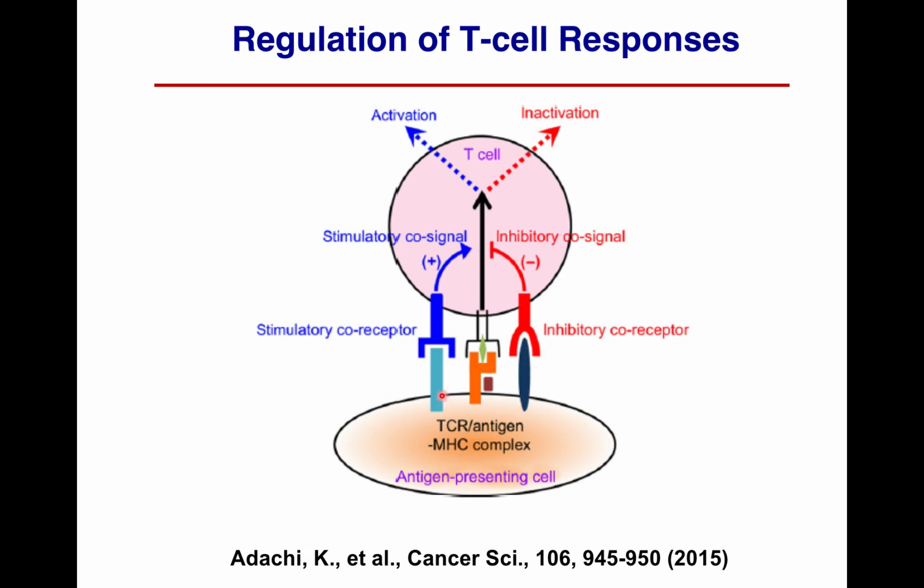And so over time, what happens is there are inhibitory receptor interactions that lead to tuning down or inactivation of T cells, so they stop proliferating, or they proliferate with a lot less efficiency. So it's always a balance between these, sort of going up and then going down within the response.